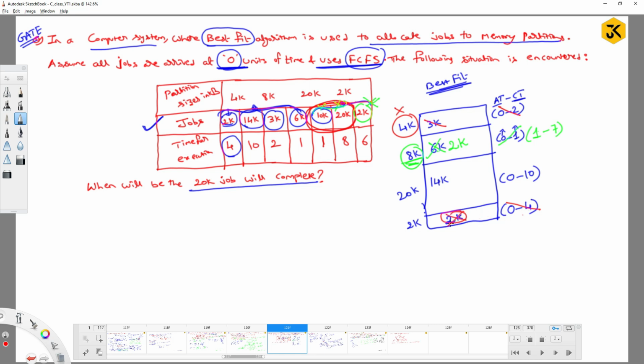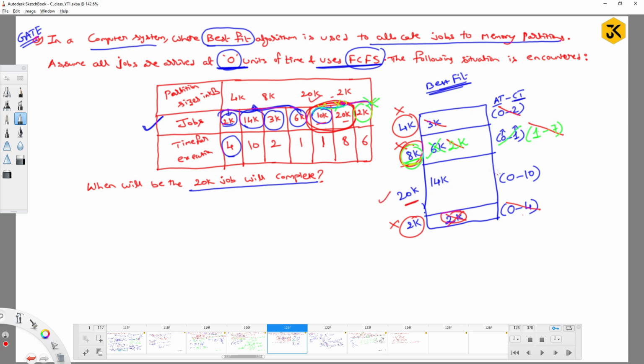Can 10k or 20k fit in this location? No. After 7 units of time, can any process fit at the 8k memory location, 10k or 20k? No again. So the only place that can fit either 10k or 20k is the 20k memory location.